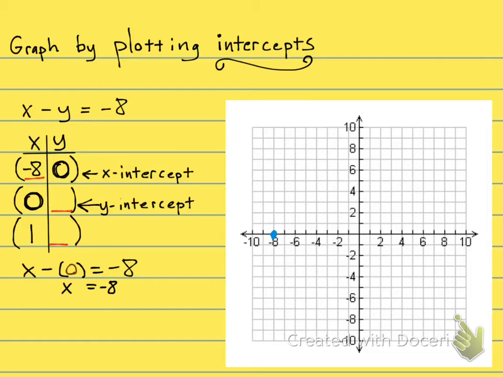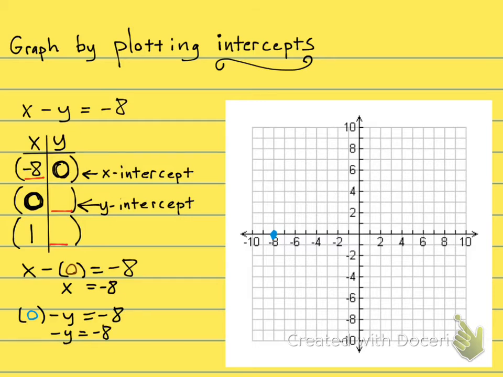I need to plug in a 0 for x. So x minus y equals -8. X is 0. 0 minus y equals -8. 0 minus y is just a negative y equals -8.